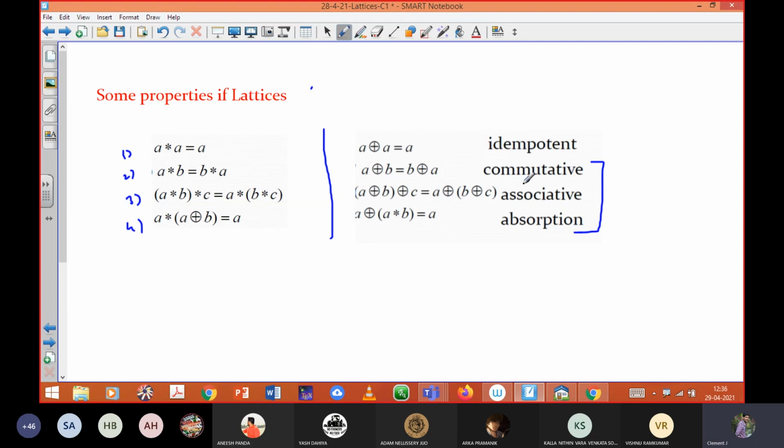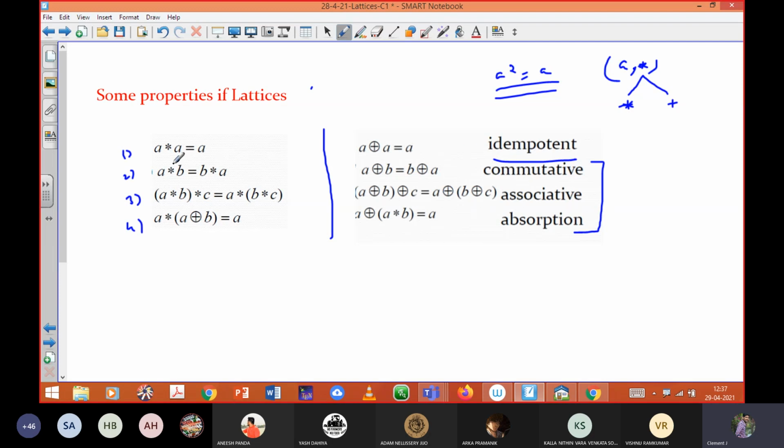These 3 properties will be there, and before that there is one more additional property that does not come under lattice, but you should know it. Idempotent: in your group, we have discussed this, a square equals a. In a group G with star, star defines any binary operation. Here instead of star you have 2 cases, GLB and LUB, so both symbols should be involved in these lattice properties.